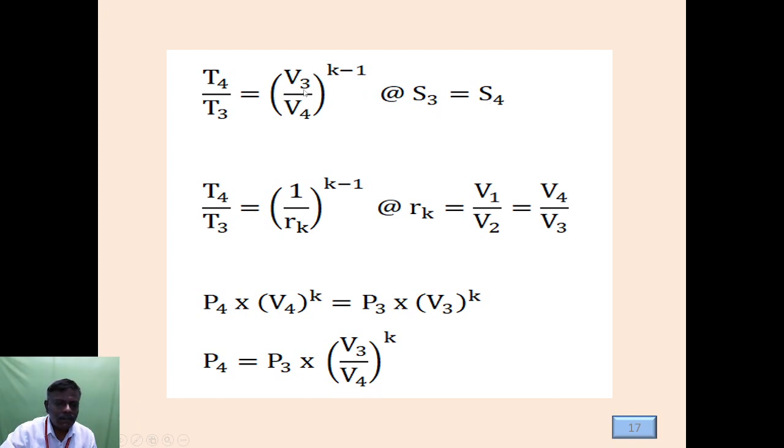This is the inversion of the compression ratio, V4 by V3 equals Rk. So T4 by T3 equals 1 by Rk^(K minus 1), where Rk equals V1 by V2, which is equal to V4 by V3. And P4 V4^K equals P3 V3^K, so P4 equals P3 into (V3 by V4)^K.